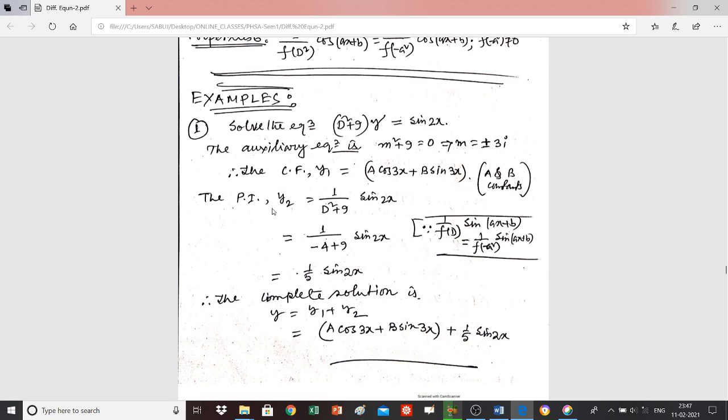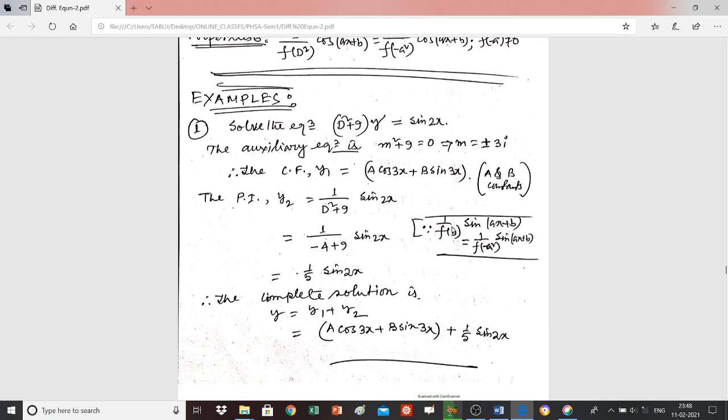The particular integral can be calculated from 1 by (D square plus 9) sine 2x. In this kind of function, sine or cos, you need to apply the formula 1 by f(D square) sine(ax plus b) equals 1 by f(minus a square) sine(ax plus b).